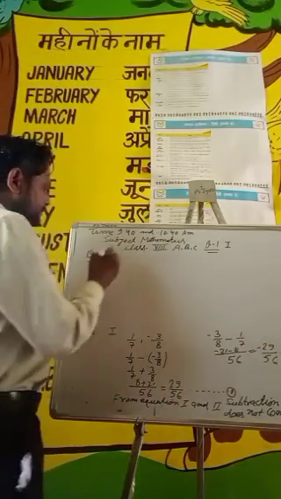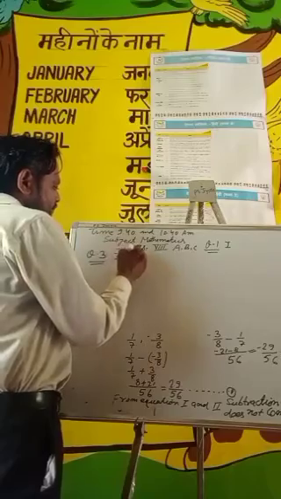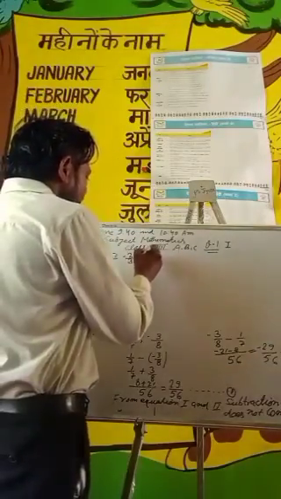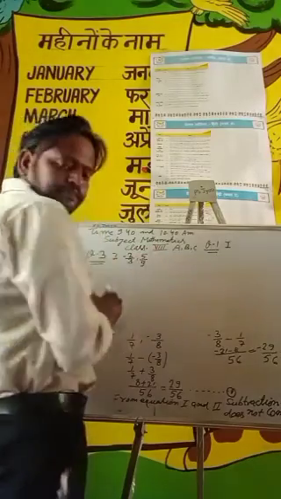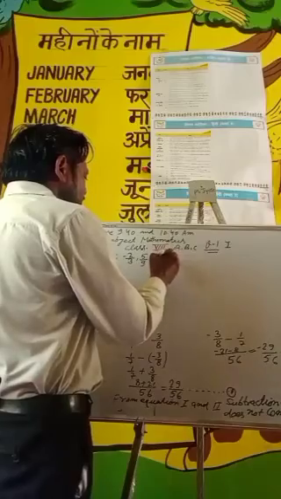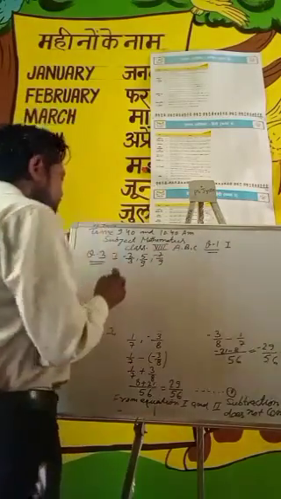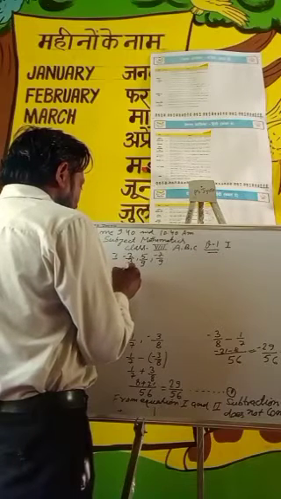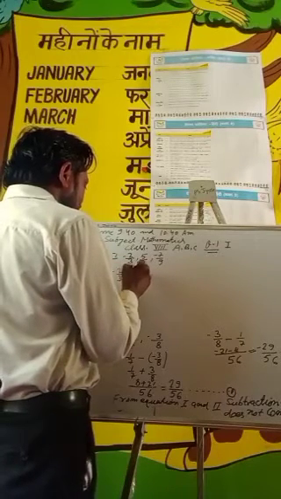Minus 2 upon 3, 5 upon 9, minus 7 upon 9. Minus 2 upon 3, minus 5 upon 9, minus 7 upon 9.